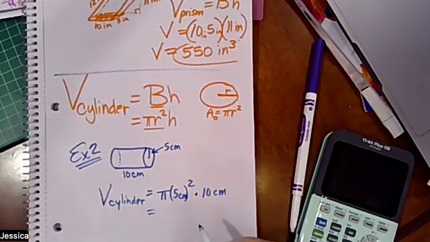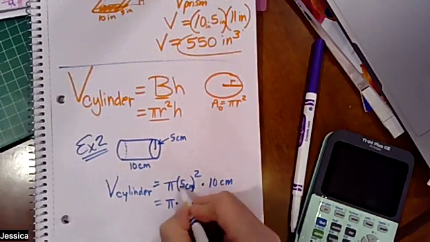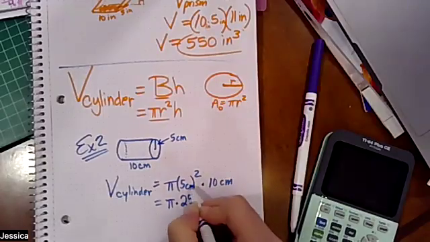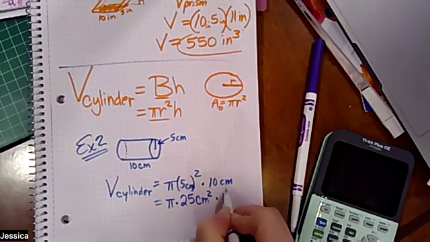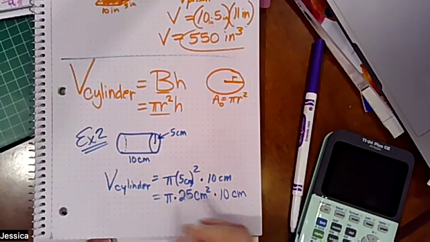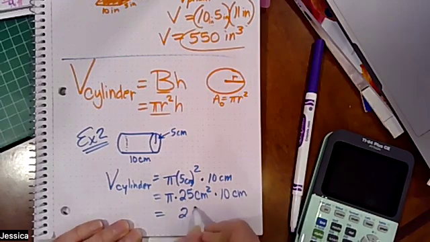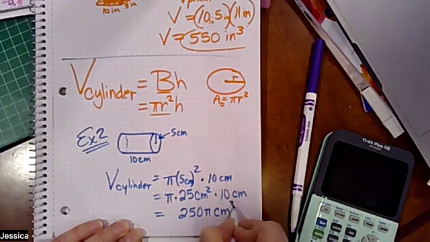Okay, so let's go ahead and keep cleaning that up. Pi times 5 squared is 25 centimeters squared. And then don't forget your height, which is 10 centimeters. Okay, so 25 times 10 is 250. Don't forget the pi. And then centimeters squared times centimeters is centimeters cubed.